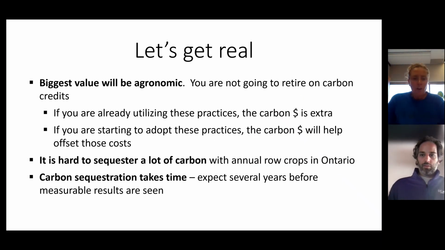So, all right, our let's get real slide. This is pretty important. We want to set realistic expectations, and the main one is that you're not going to get rich off of this carbon program, right? There has been some media out there that has some astronomical numbers, and the reality is row cropping in southwestern Ontario, you're not going to sequester mass amounts of carbon.